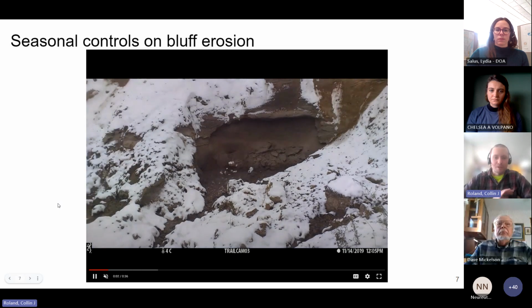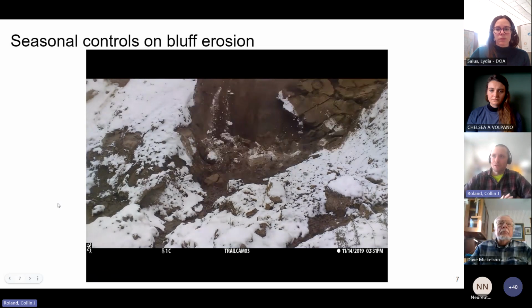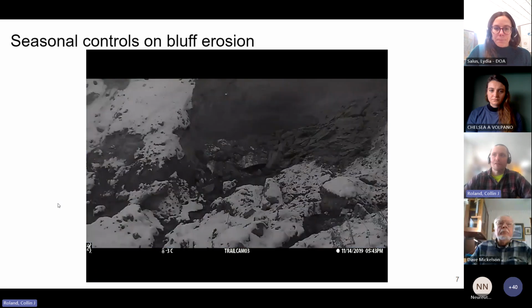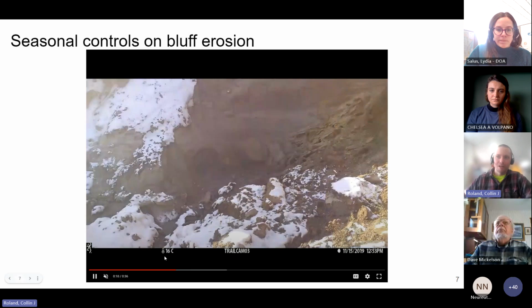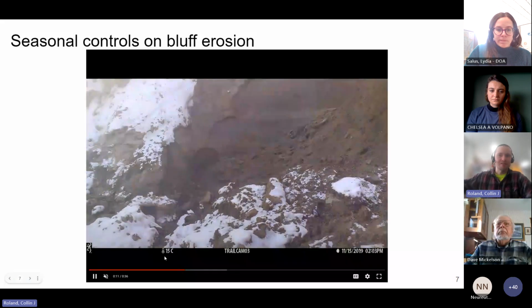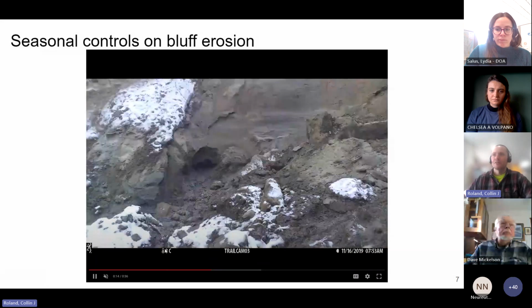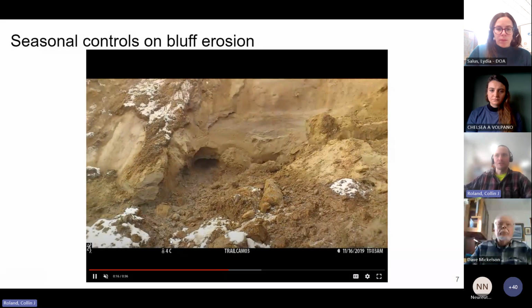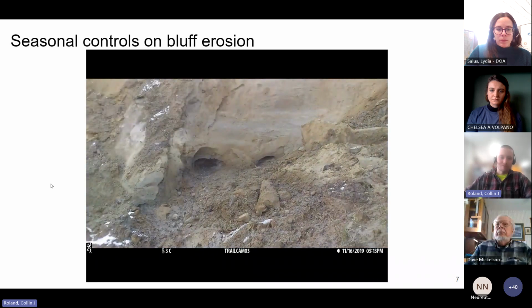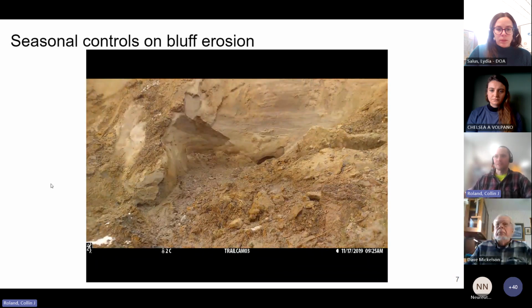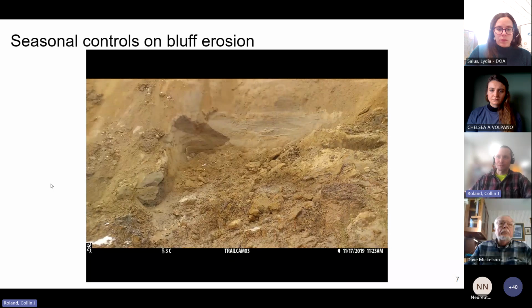This video is really emblematic of what happens at this particular bluff. We're seeing a thaw. There's a little temperature readout on this trail camera. We're getting up towards 20 degrees C when we were at -5 C. We're seeing all the snow and ice start to melt. There's a lot of water coming out of the bluff. And we'll see a catastrophic failure of the seep here in maybe 5 seconds.